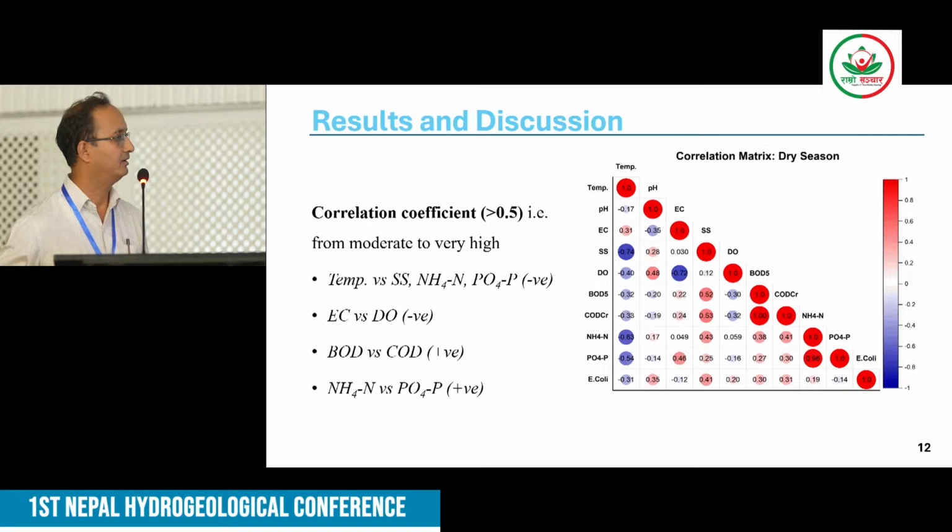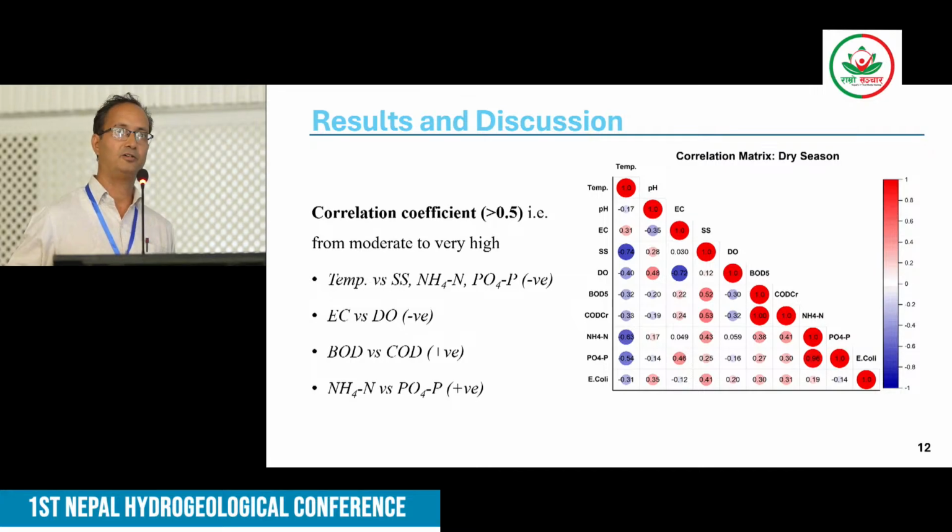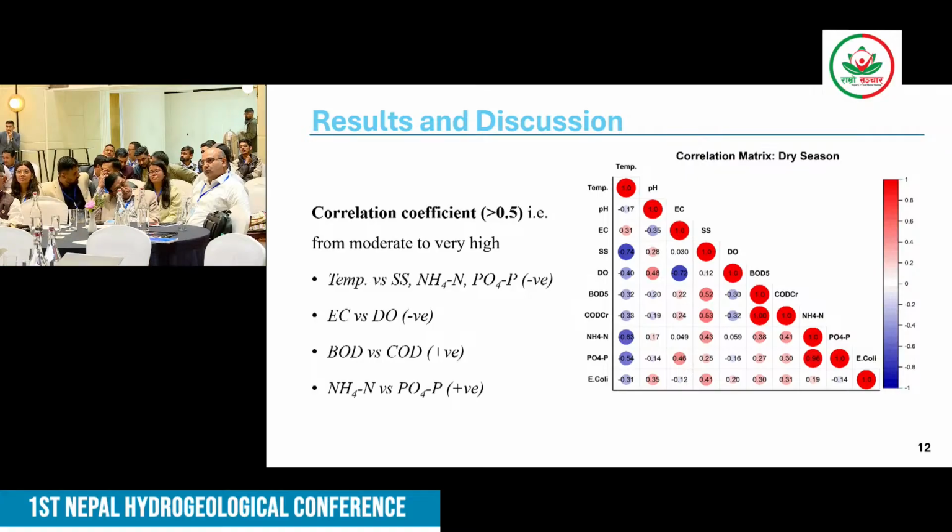And for the BOD and COD it is positive. Similarly, even the total phosphorus and total nitrogen are also positive. So this kind of correlation is obvious.